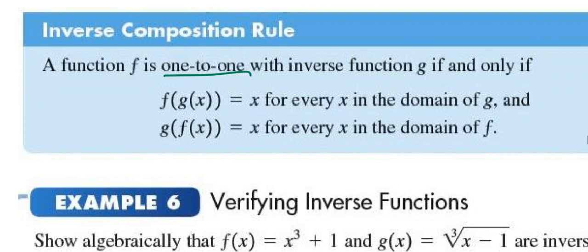That's kind of important. Actually, that's extremely important. f of g of x is equal to x. Now, a lot of you don't even know what you're looking at when you see this happening. What are those two functions doing to each other?